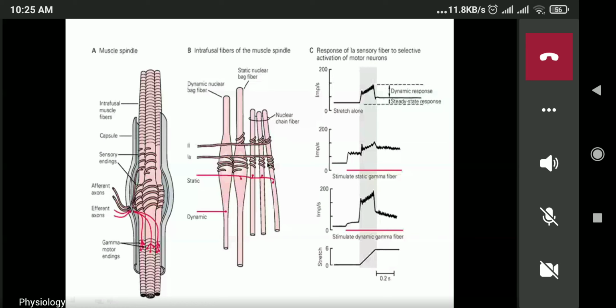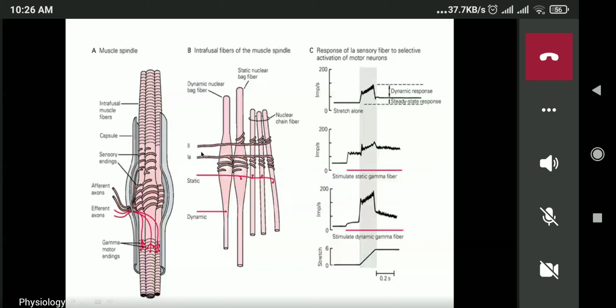Type 2 sensory nerve is innervating nuclear chain fiber and only static bag fiber. Type 2 is innervating chain and the nuclear bag only, not dynamic. This is the innervation of the muscle spindle by the sensory nerve.